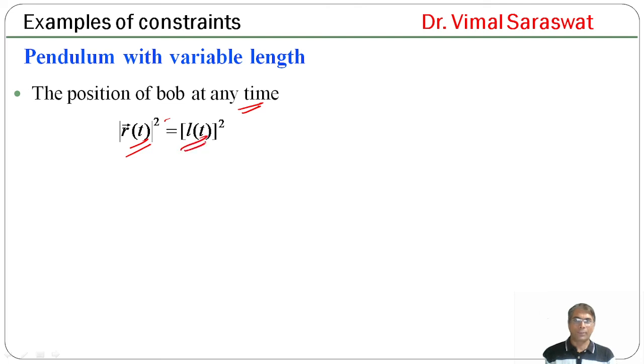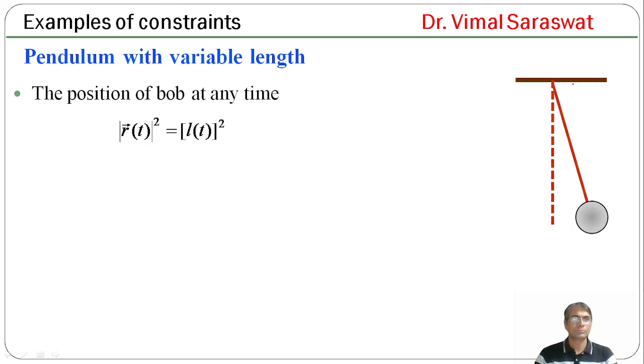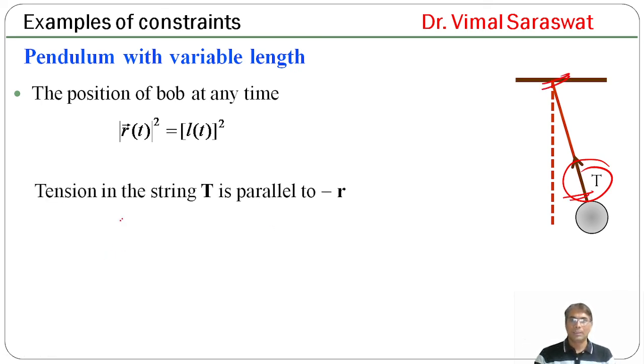So L is a function of time. This is our bob, this is the string, and this one is the rigid support. Now tension in the string is always towards this point.